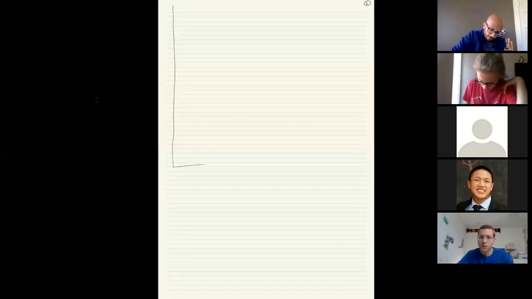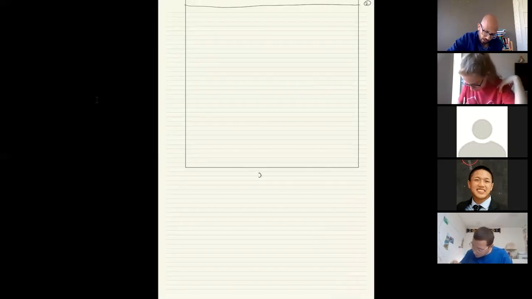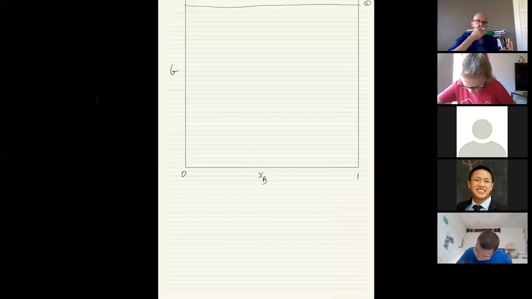It's so important that let's draw it in a very, very big plot. Here I have my XB going from 0 to 1, and I'm talking about G, which will be G vapor and G liquid. I'm talking about any one intersection.